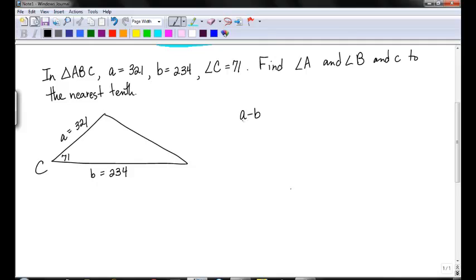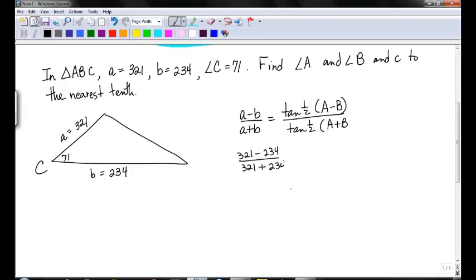So write the formula down. A minus B over A plus B equals tangent of half the difference of angle A minus angle B over tangent of half their sum, A plus B. I know A is 321 minus 234 over 321 plus 234.